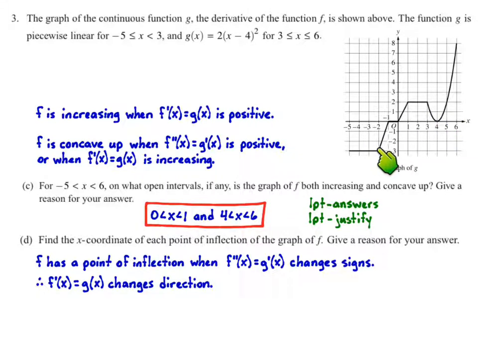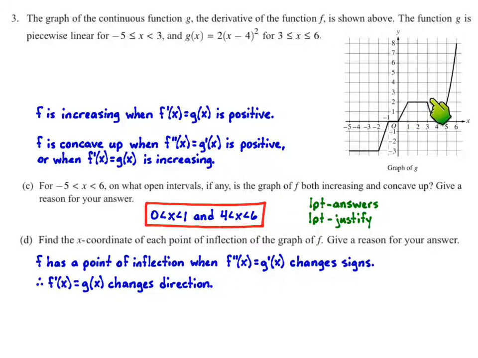I know that there might be some confusion on this particular problem because, well, are we changing direction here? No, we're not, because we had a horizontal line. We weren't decreasing and then we went to increasing. Same thing in this interval. Now here is an interesting argument. We were increasing up to 1 and then we started decreasing at 3.